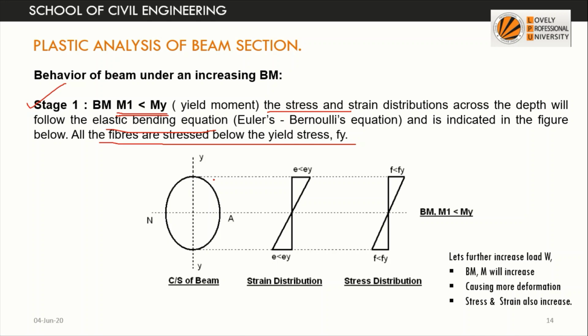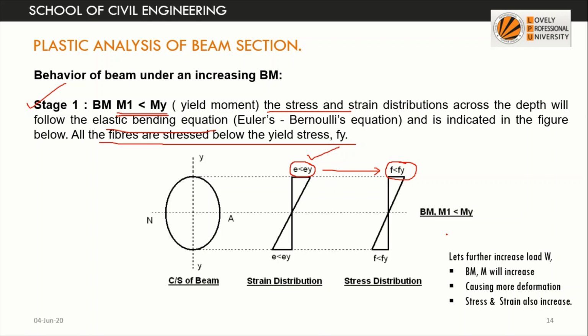Suppose this is the cross section. Maximum strain will be at the extreme fiber. The value of moment is such that the strain developed is less than the yield strain, and corresponding to this strain the value of stress is F, which is again less than Fy. So both the stress and strain are less than the corresponding values required for yielding.